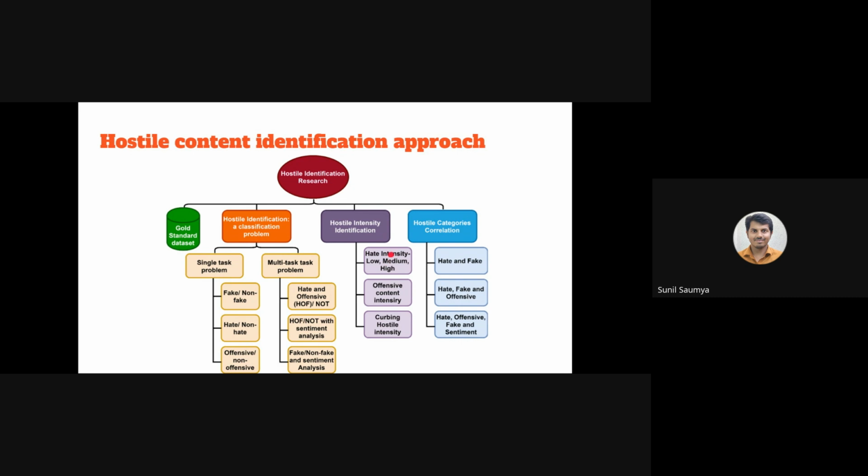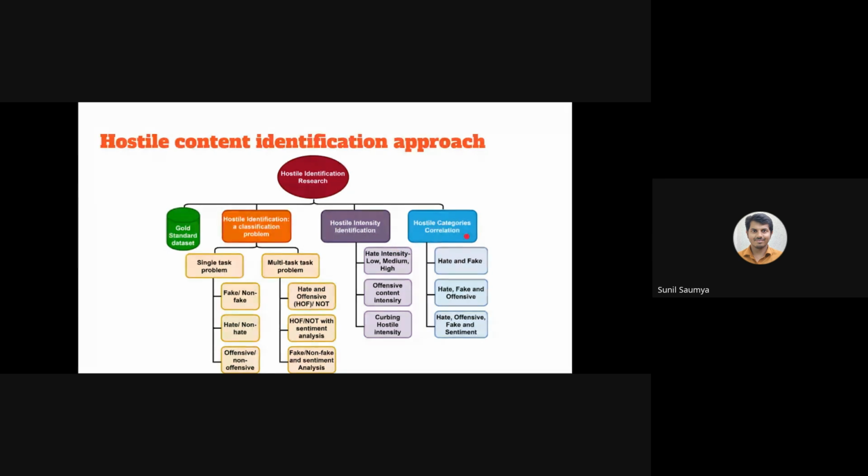Sometimes, instead of deleting or blocking those posts, they suggested curbing the hostile intensity, replacing the words of very high hostile intensity with some normalized words. That is called curbing the hostile intensity. This is one of the approaches researchers have followed.